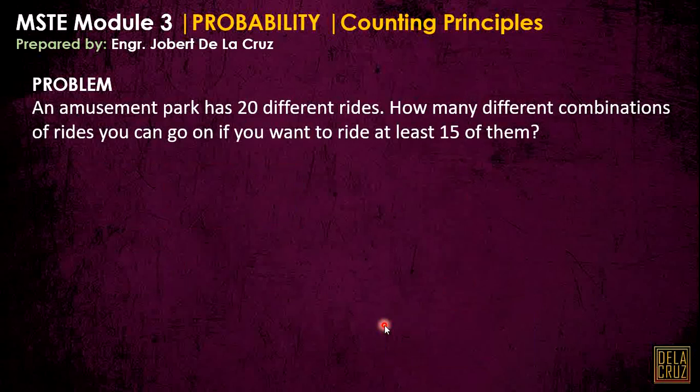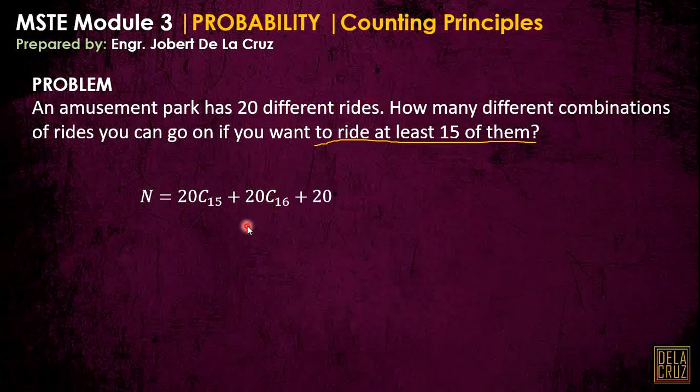An amusement park has 20 different rides. How many different combinations of rides you can go on if you want to ride at least 15 of them? Okay, so please take note of this. At least 15 of them. So, pinaka mababang nasakyan natin is 15 rides lang. Okay, so take note that we have 20 choices of rides.